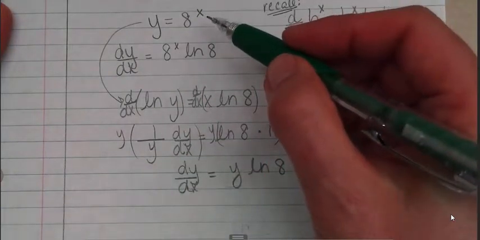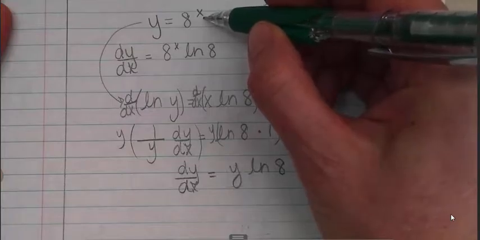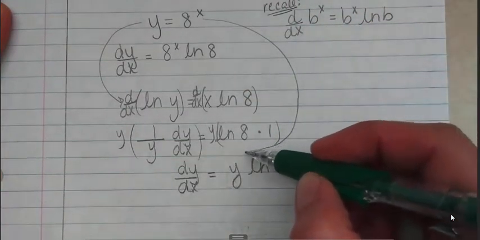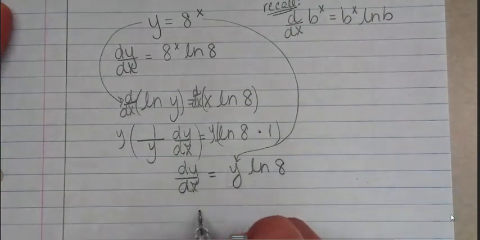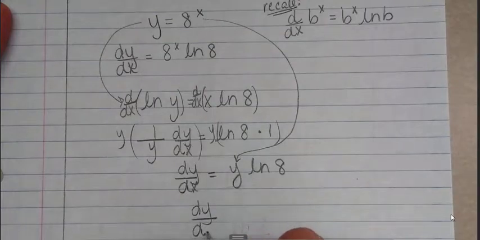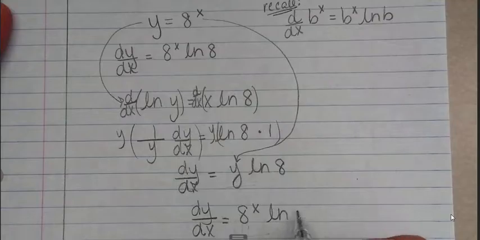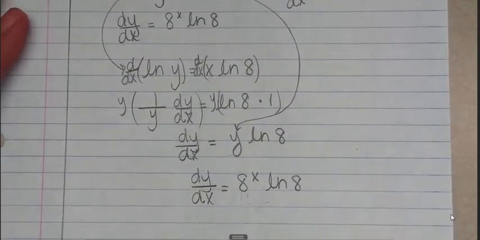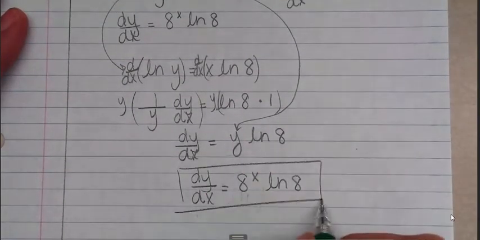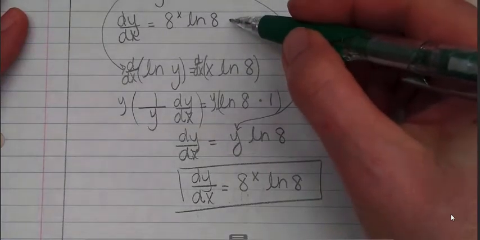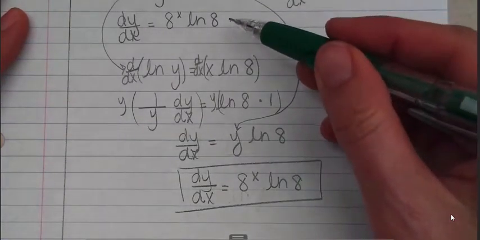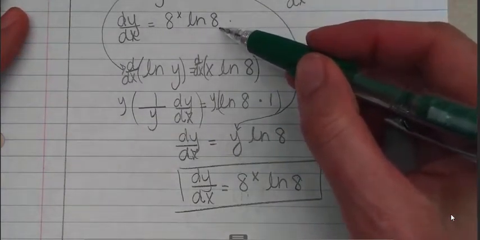So I'm just going to substitute it in for y. So we get dy/dx equals 8 to the x times the ln of 8. So it matches, okay?